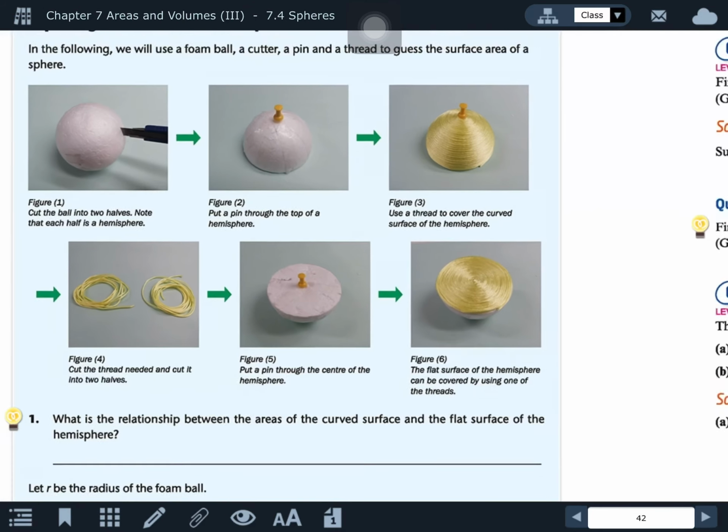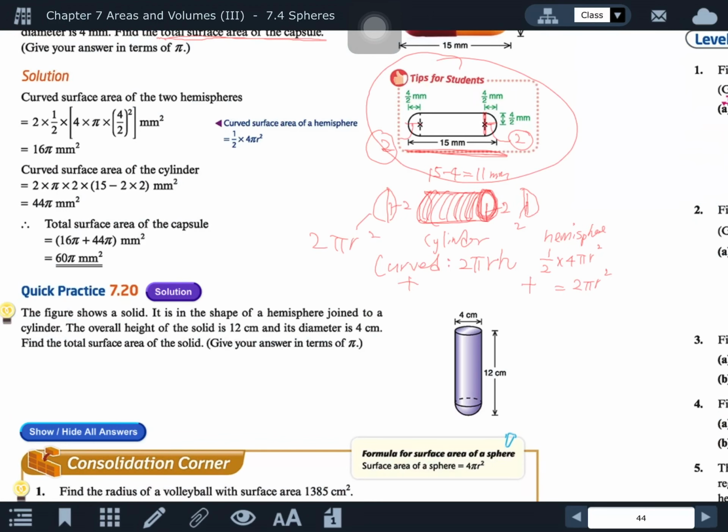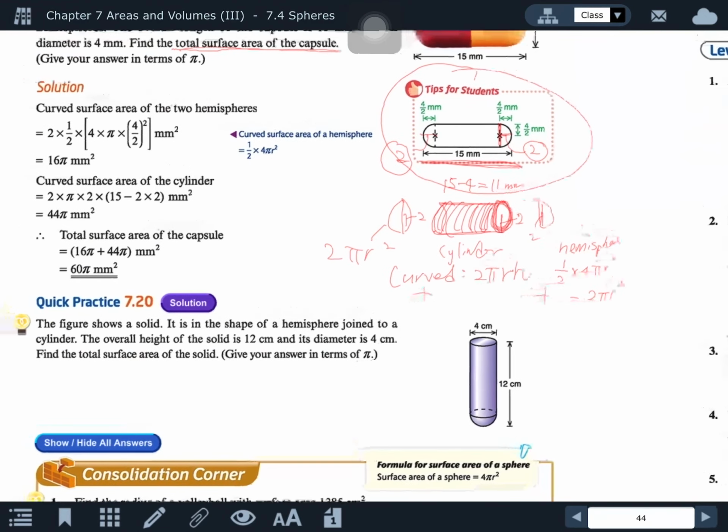Okay, you will see that, because I have the r already, so 2 pi r square with r equal to 2, plus 2 pi r with r equal to 2 and h equal to 11, and then plus one more 2 pi r square.